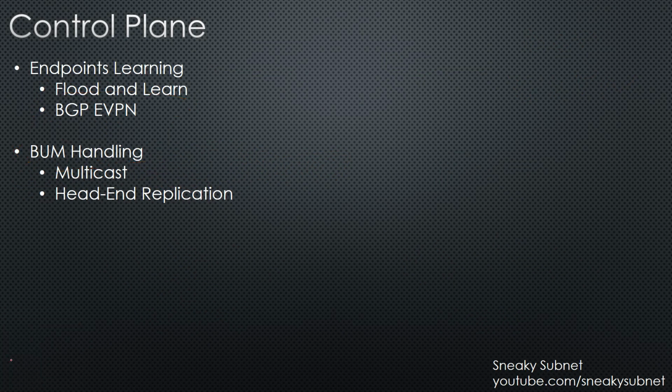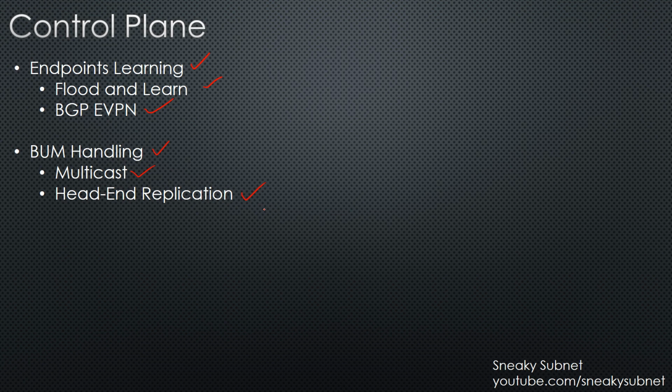I believe more or less we covered those topics. So we talked about how endpoints could be learned. Again, we could either leverage flood and learn, but in reality you will use BGP EVPN. And for BUM handling, we will use either multicast or head-end replication.